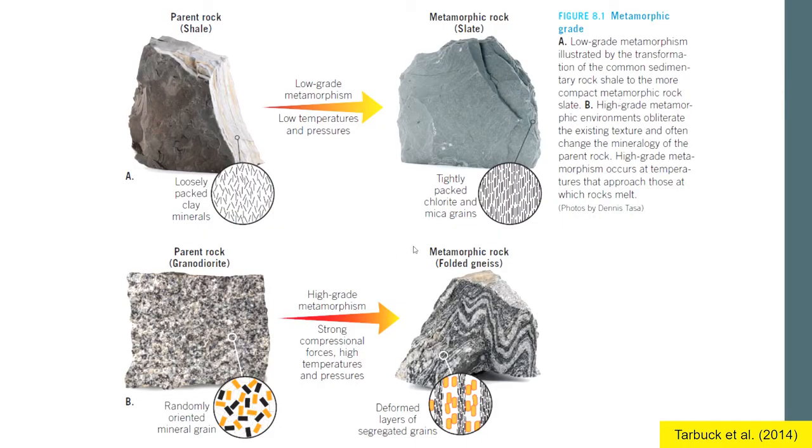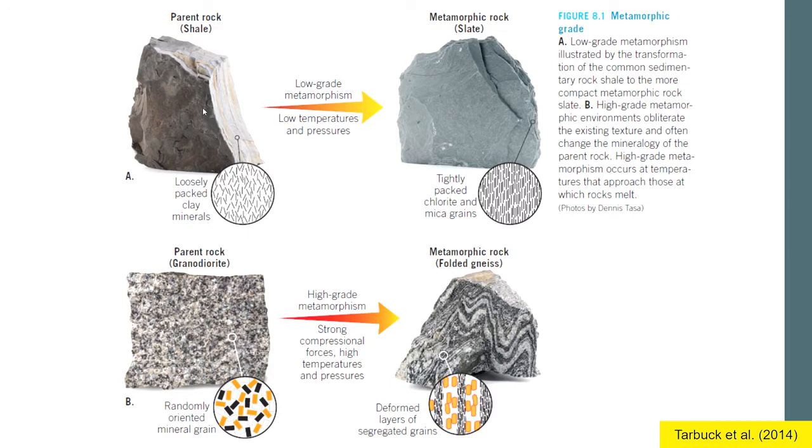We can actually determine the type of metamorphic rock based on their appearance. That suggests to us the type of temperature and pressure that they underwent. So for letter A, we see here low-grade metamorphism. That's commonly exhibited by shale metamorphosing into slate.